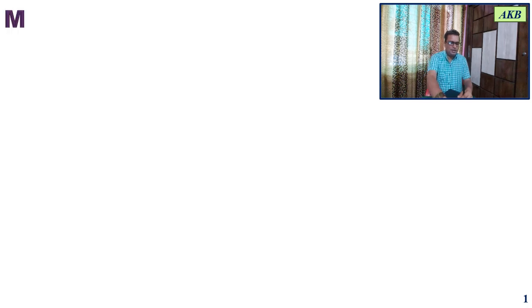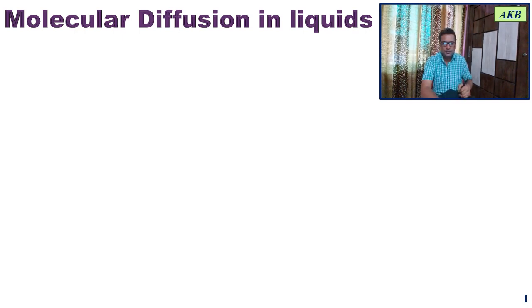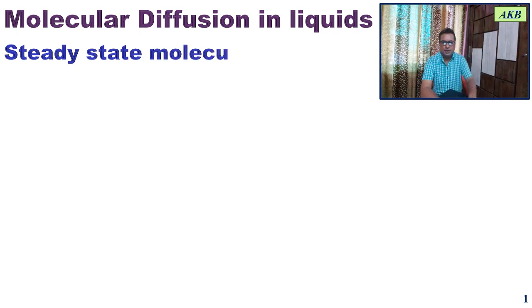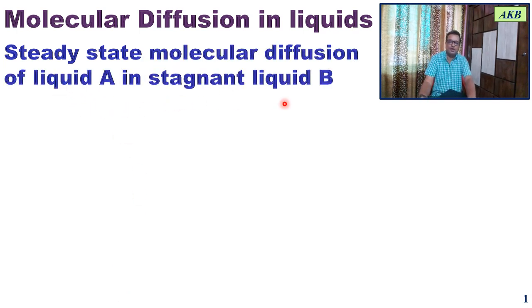So the title for my discussion: I'm continuing my discussion on molecular diffusion in liquids, and I'll be talking about steady state molecular diffusion of liquid A in stagnant liquid B. Again we have a binary liquid solution.